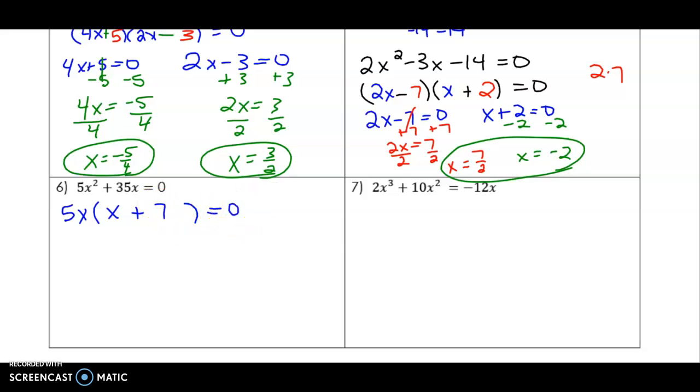Still equal to 0. So then we can just set each of those factors equal to 0. And divide by 5. X equals 0. And then minus 7. X equals negative 7.